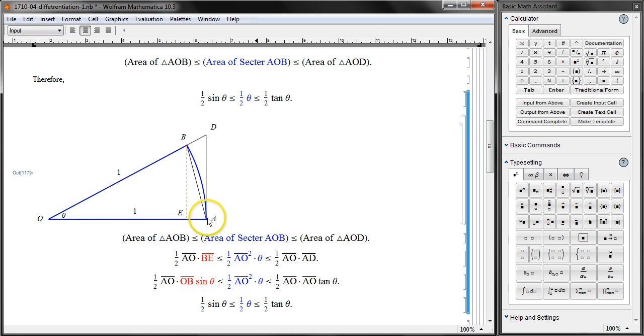Base is OA, so that's 1, and then this height is tangent. You see, from A to D, we don't know the hypotenuse, so this should be tangent. So AD is tangent, and the radius is 1, so we have 1/2 tangent of theta.